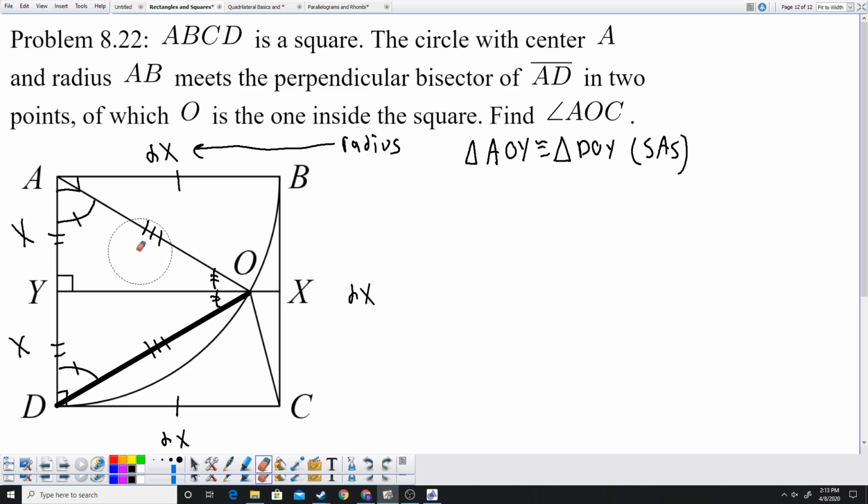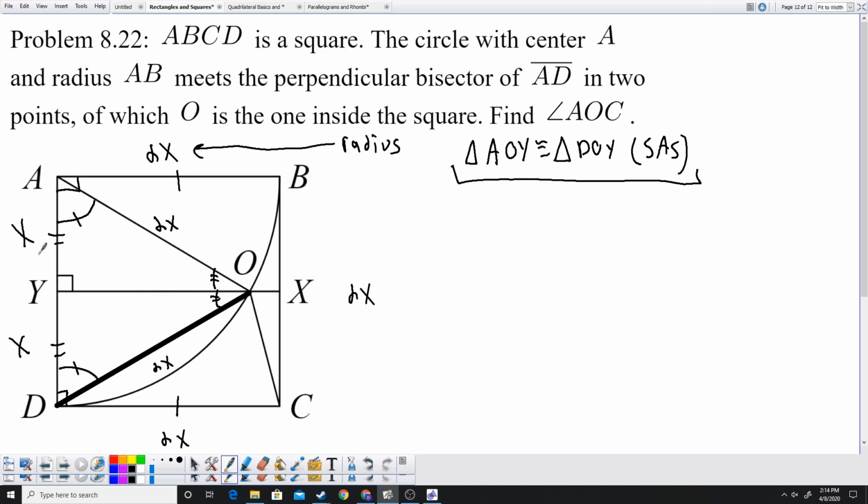However, if we notice, that means AO has to be a radii as well, since A is the center and O is a point on the circle, which means that AO also has a length of 2x, and so does DO, because they are equal in measure based on this similarity statement we made.